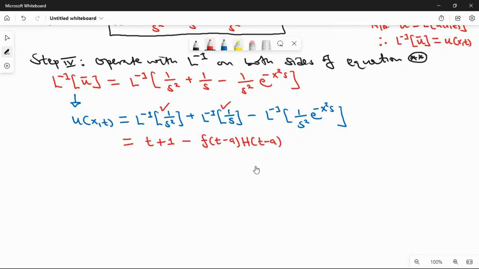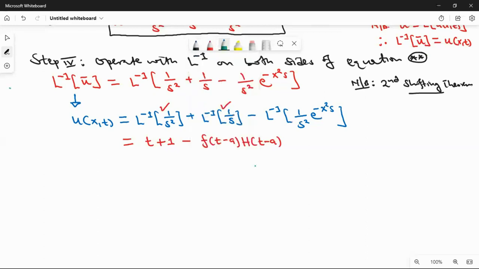Second shifting theorem. I'll write here a note. This note is the second shifting theorem or property, second shifting property of Laplace transform.